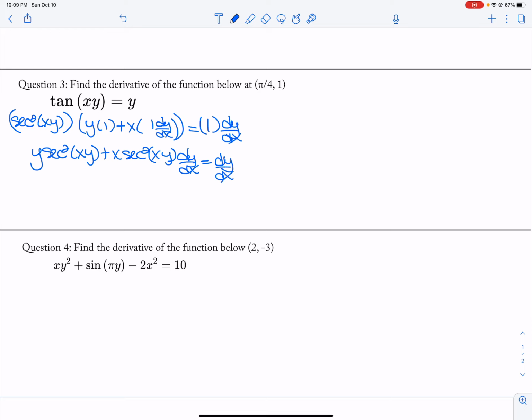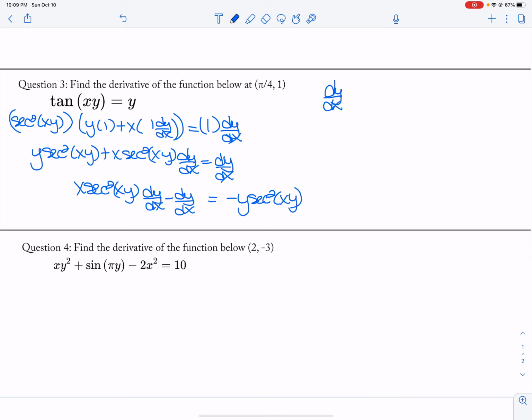Okay, so then x secant squared xy dy/dx minus dy/dx is equal to negative y secant squared xy. All right, so now dy/dx times (x secant squared xy minus 1) is equal to negative y secant squared xy.